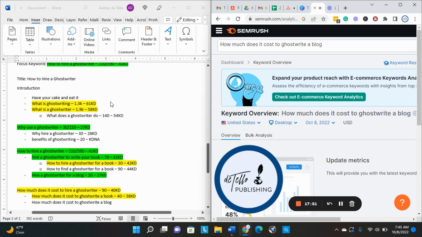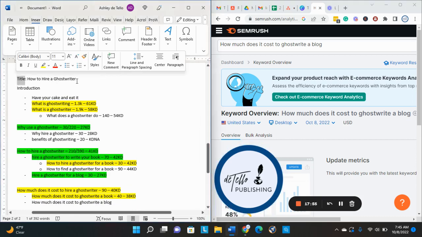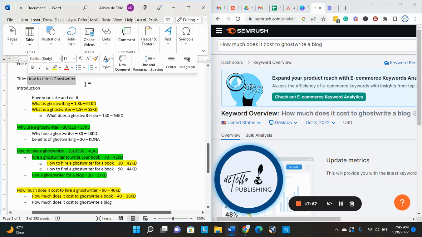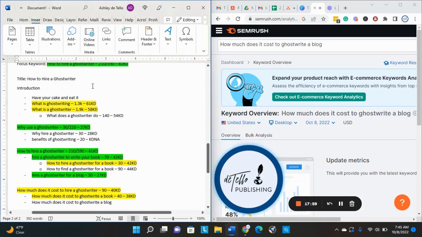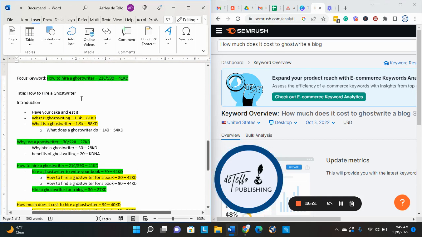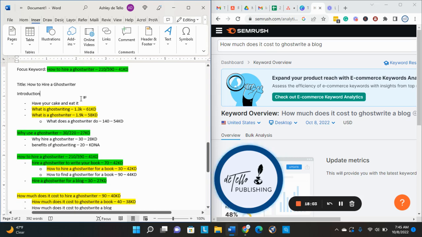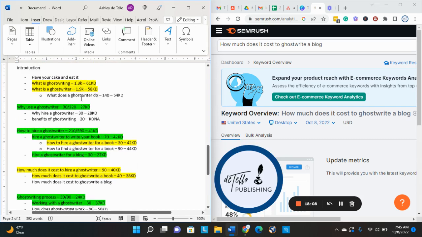So you want to for sure use it in your title. I might not leave that as the only part of the title, I might add a subtitle, but for now, I want to make sure that I have my focus keyword in my title. And then I've gone through and outlined the article using those keywords.